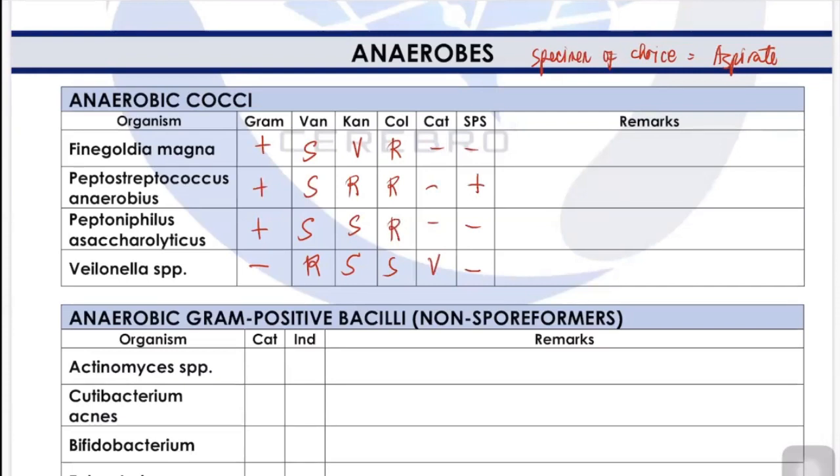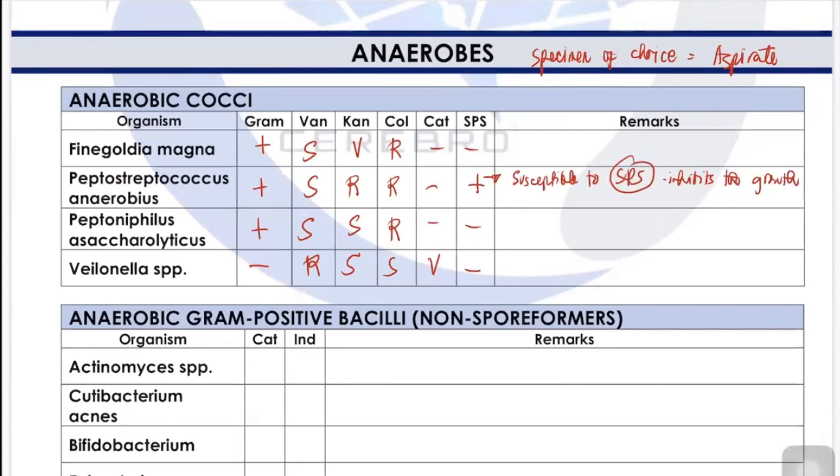So anong ibig sabihin nitong positivity na ito? This is susceptible to SPS. Ibig sabihin yung SPS inhibits the growth of Peptostreptococcus anaerobius.